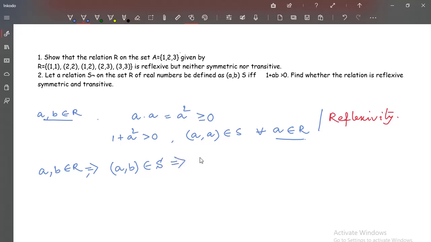What does it mean? 1 plus AB is greater than 0. Now can I write this? Why?